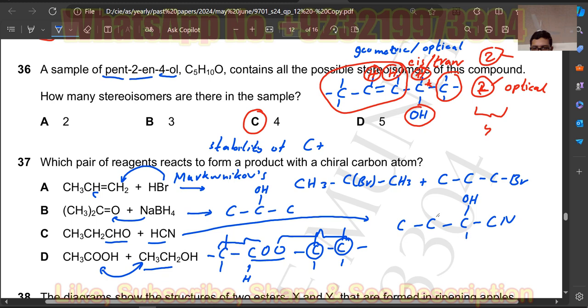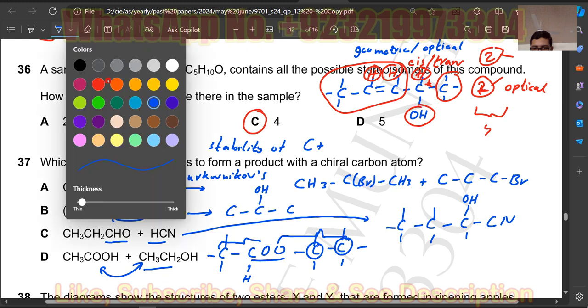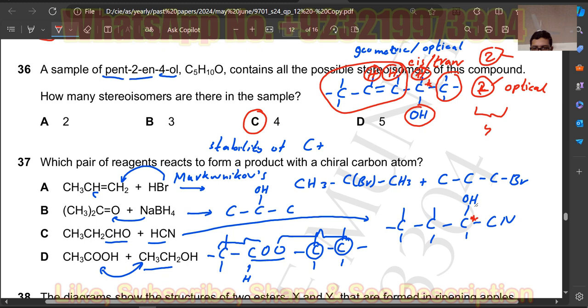Now I'm completing the hydrogens. Now here you can see that this carbon is chiral because it has four different groups attached: OH, CN, this whole one group, and a hydrogen. So this will be considered a chiral carbon, and as a result, this C is the right option.